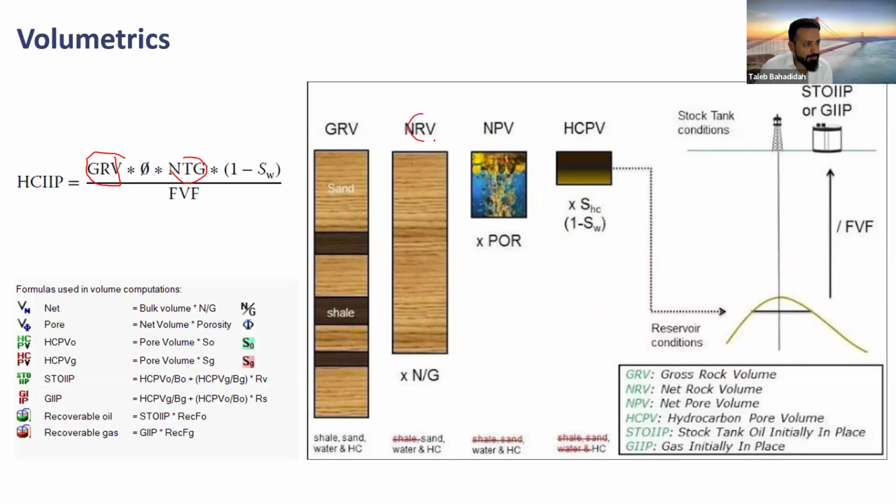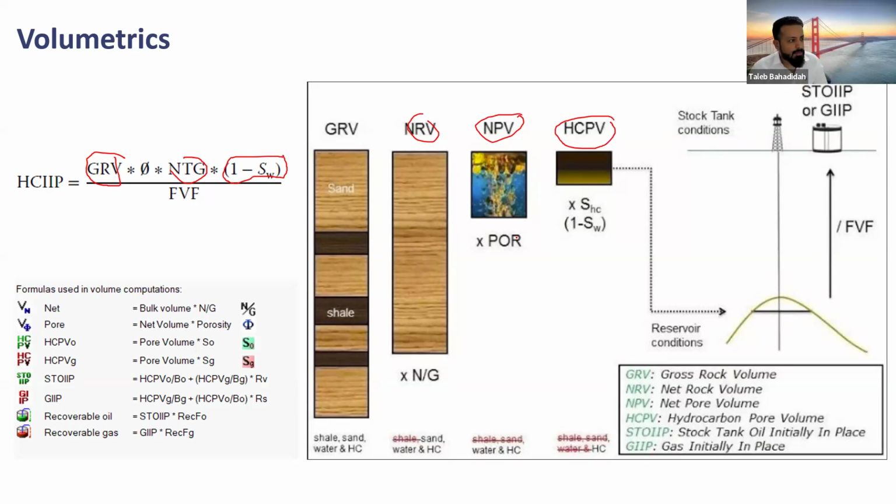Net rock volume. After that, if you multiply that by the porosity, you will get net pore volume, which is here. And then if you consider that with the hydrocarbon saturation, which is 1 minus water saturation, you will get hydrocarbon pore volume. We need to consider something called the formation volume factor, because the oil in the subsurface is under certain pressure conditions.